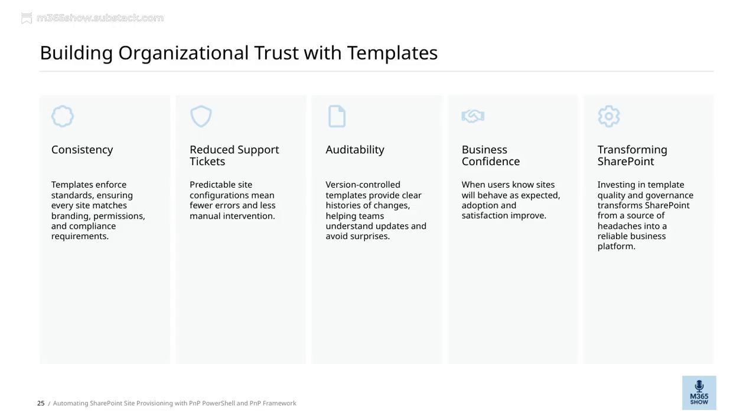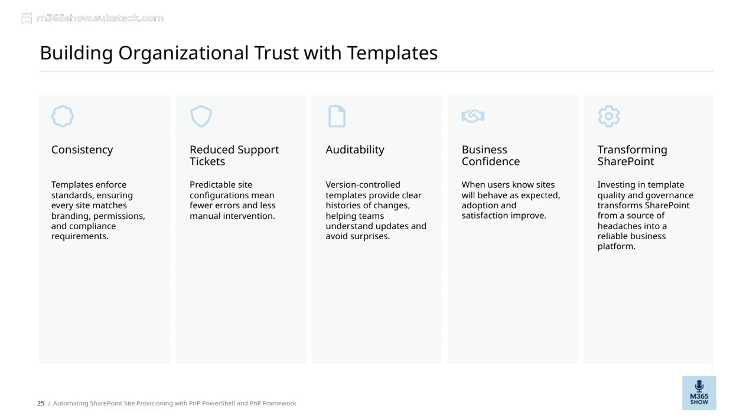Predictable site configurations also lead to fewer errors and reduce manual intervention, which means less troubleshooting and more efficient work. Plus, templates help enforce standards, making sure every site aligns with branding, permissions, and compliance requirements. This consistency builds organizational trust, showing that our SharePoint environment is well managed and reliable.